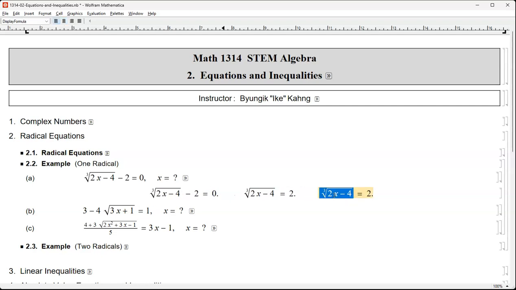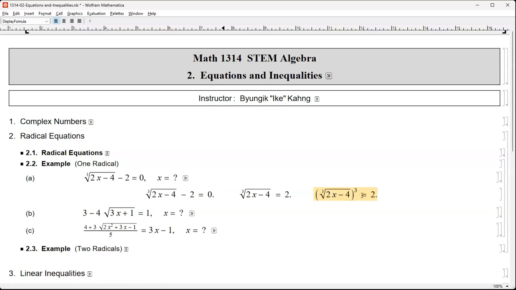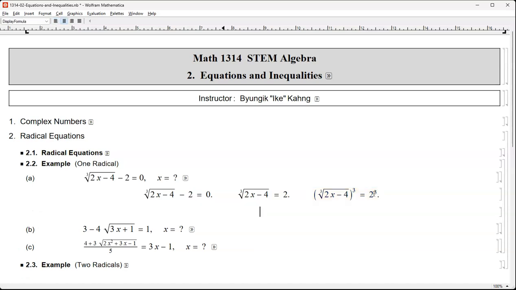So take the cubic power of this cubic root, and what do we get? Cubic power and cubic root cancel each other out, so we get 2x minus 4 on the left hand side. Right hand side, 2 to the third power is 8, 2 times 2 times 2. And all of a sudden we have a very easy equation to solve.